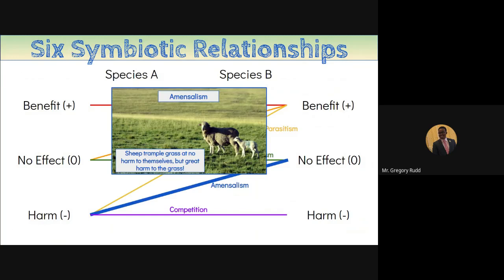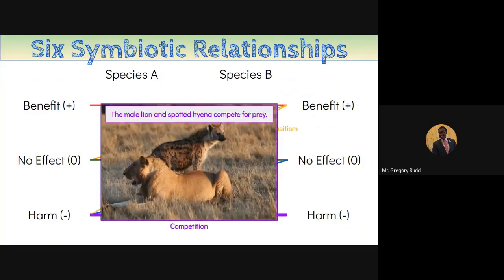So the grass itself is dying as these large herds of sheep trample over them, especially during a migratory season. So the grass itself is essentially killed, but the sheep is not benefiting, nor are they being harmed. And then lastly, competition.